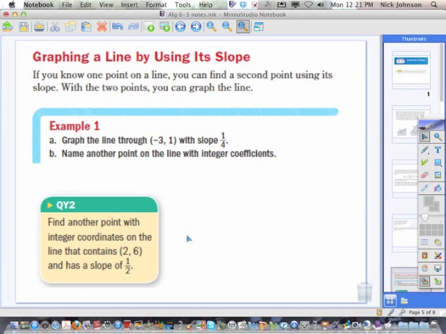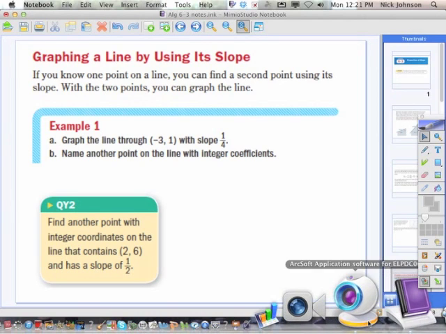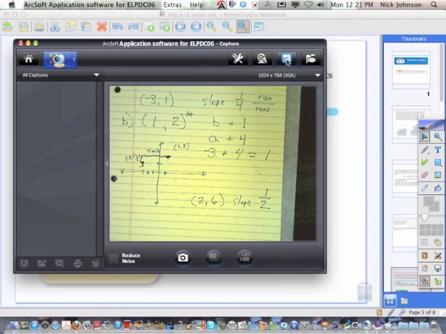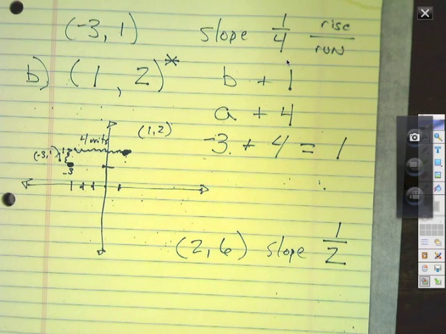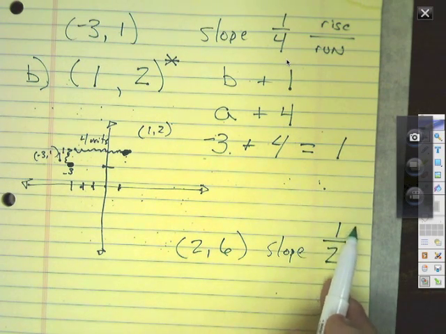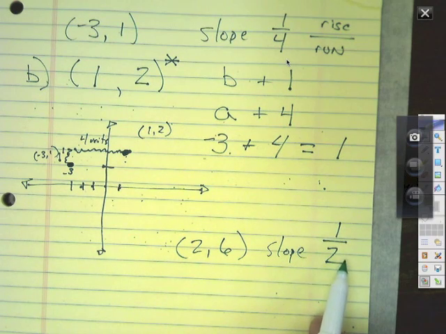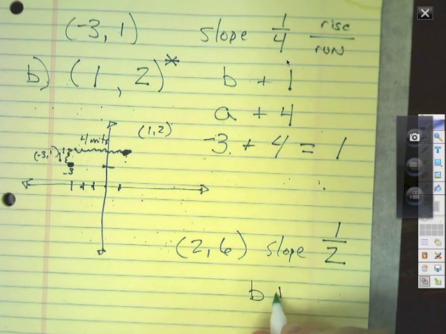QY2 says, find another point with integer coordinates on the line that contains 2, 6 and has a slope of 1 divided by 2. Now, I just want to tell you this. If this was a negative, you would have to subtract 1. Okay? So, rise over run.